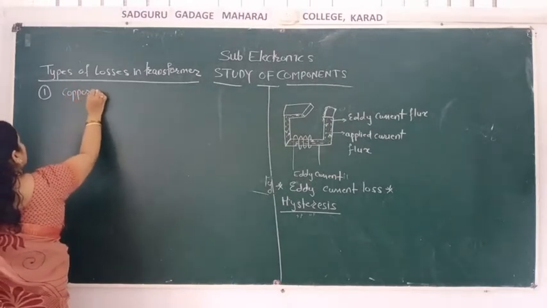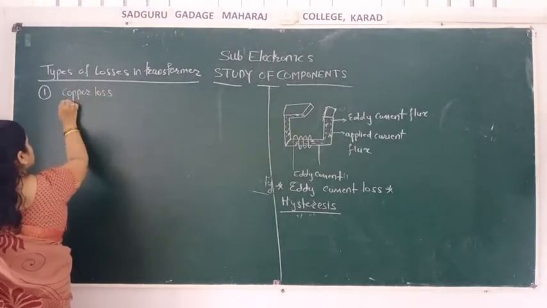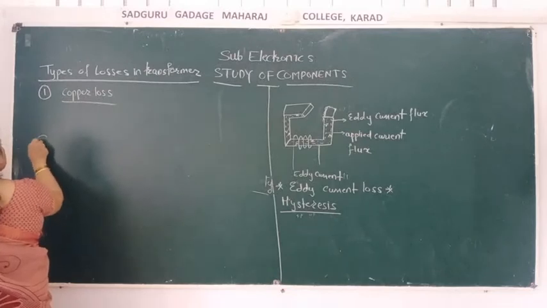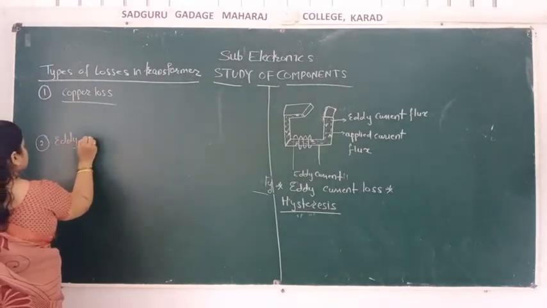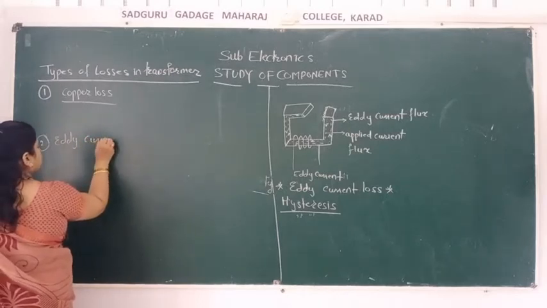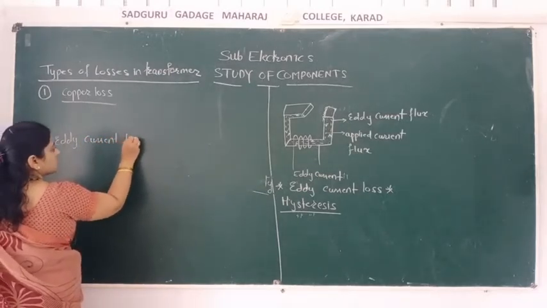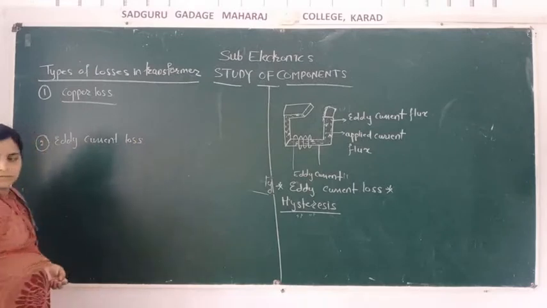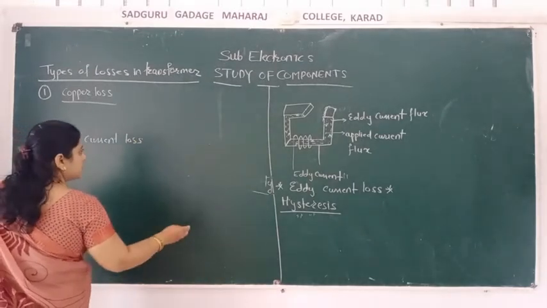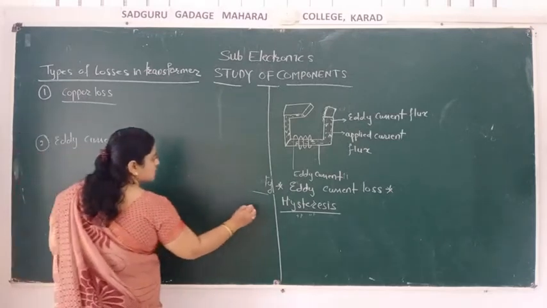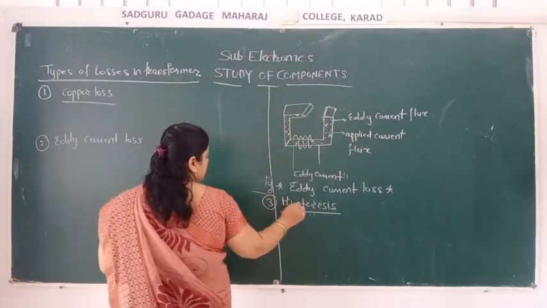The second type of loss in the transformer is the eddy current loss, and the third type is the hysteresis loss.